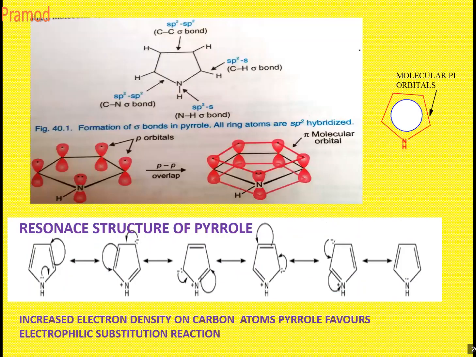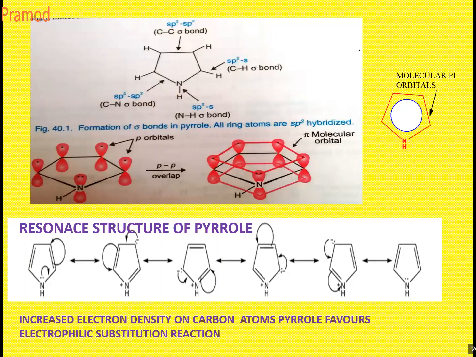So this is the basic structure. There is a C-C pi bond, and a C-C sigma bond between the third and the fourth carbon, and the rest between C2 and C3 and C4 and C5. The sp2 hybridized unsaturation is present, and all the pi orbitals are perpendicular to the sp2 hybridized orbitals of your pyrrole.